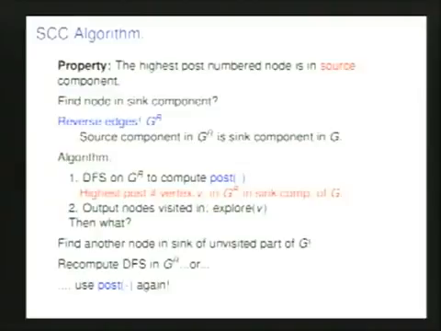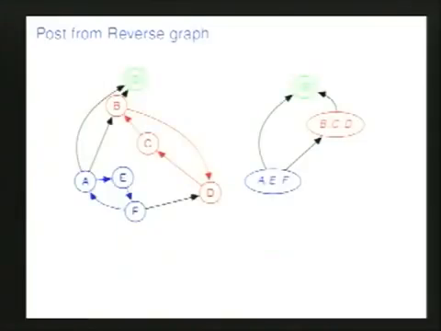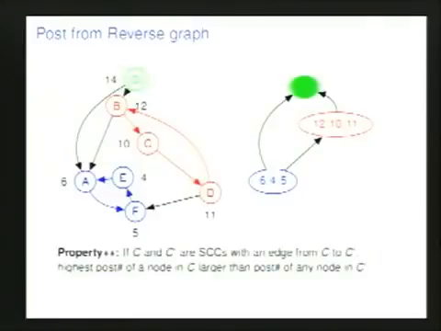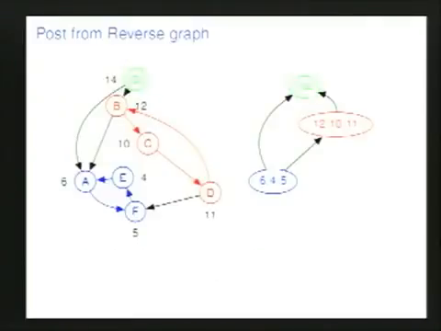Well, let's see what I got out of these post-order numbers. Those are the post-order numbers. I'm going to run the algorithm on the node with the highest post-order number. What's the highest post-order number? 14. I'm going to run it on 14.